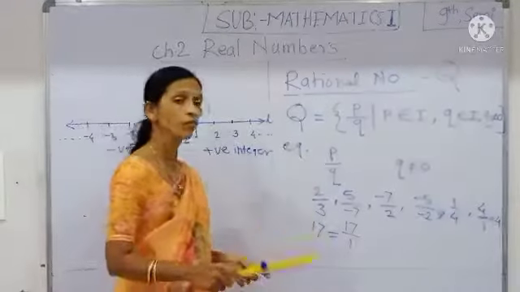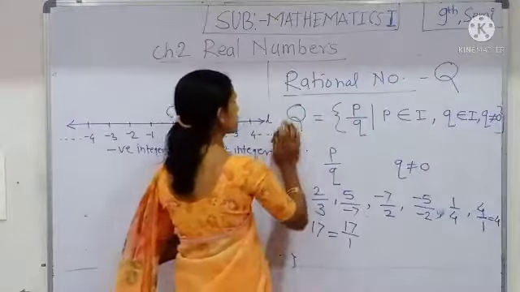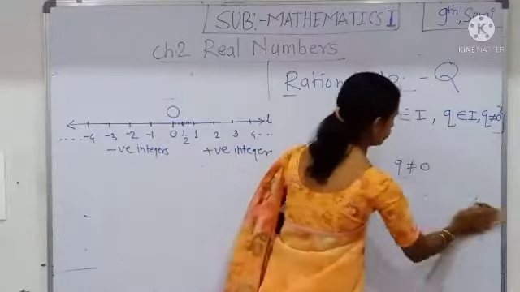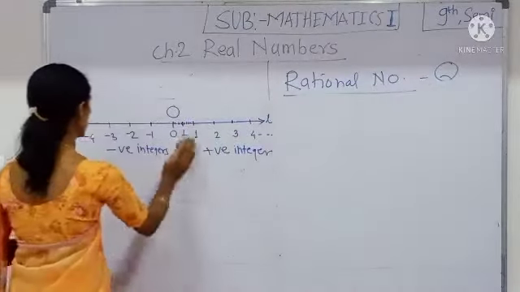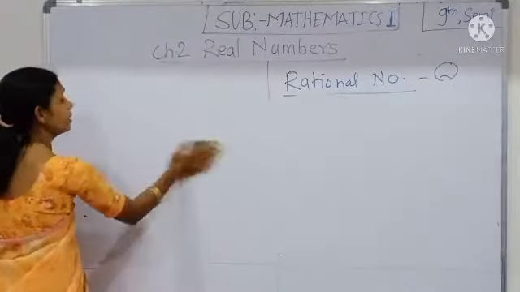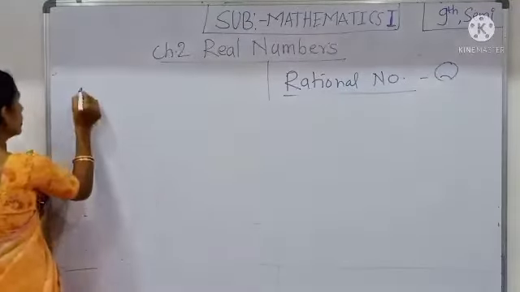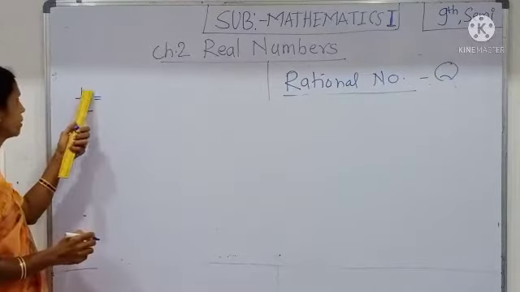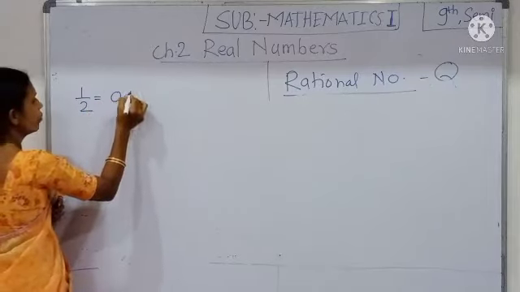First of all, those rational numbers we can represent in the form of P upon Q. Then all of you have studied that rational numbers can be written in decimal form also. For example, 1 upon 2 is a rational number written in P upon Q form, and it is also written as 0.5.